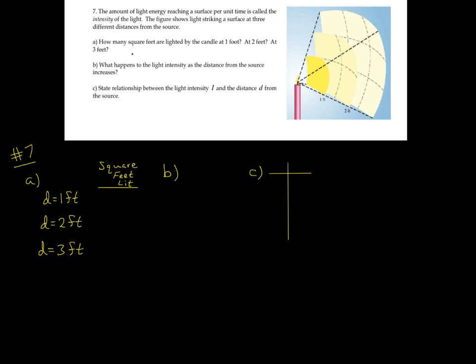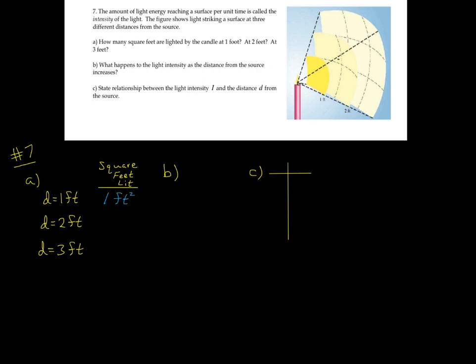At 2 feet, how about at 3 feet? Okay, so when our distance from the source is 1 foot, I see just a 1 foot by 1 foot square area that's being lit up. So here, when the distance is 1, the square feet lit would just be 1 square foot.